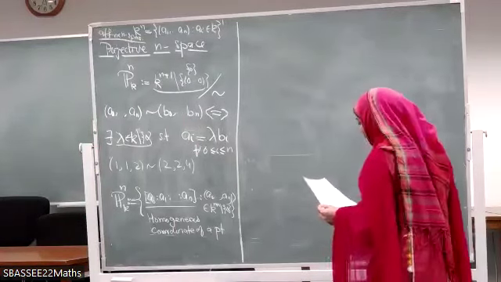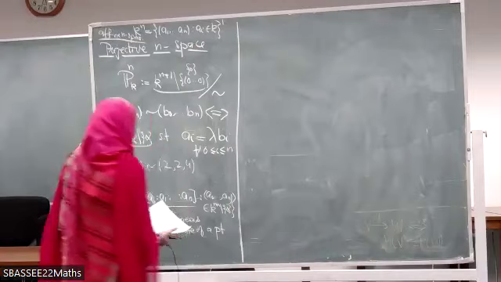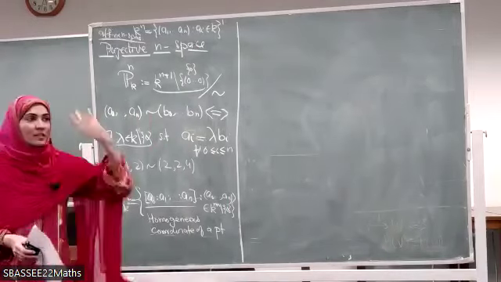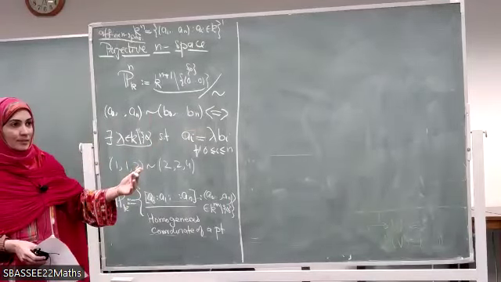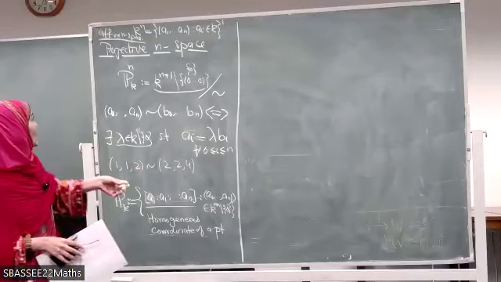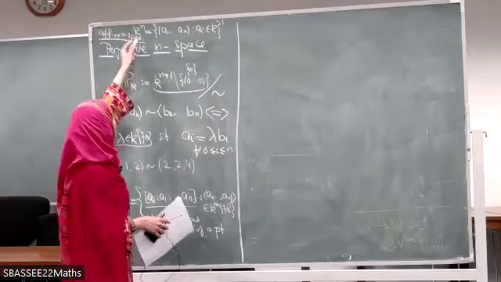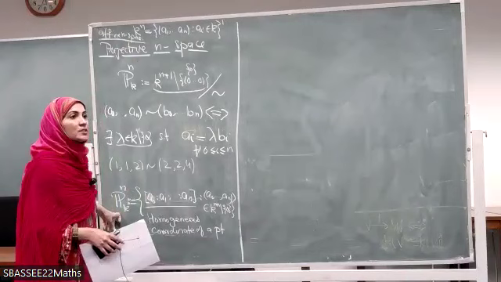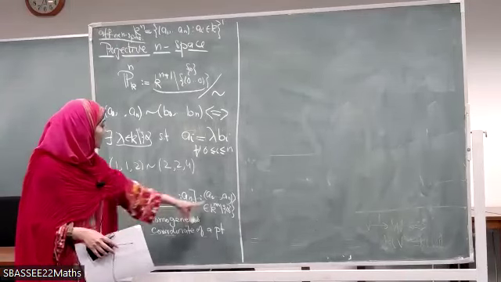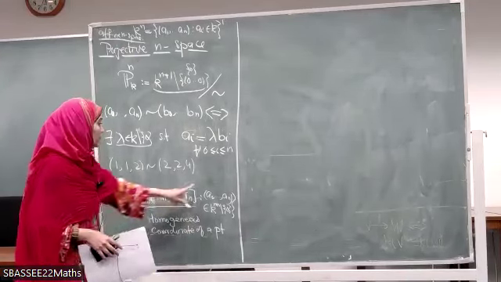Okay. Now let's see what the relation is between the projective space and the affine space. So does this affine space have some connection with the projective space or not? Let's see carefully this setup.